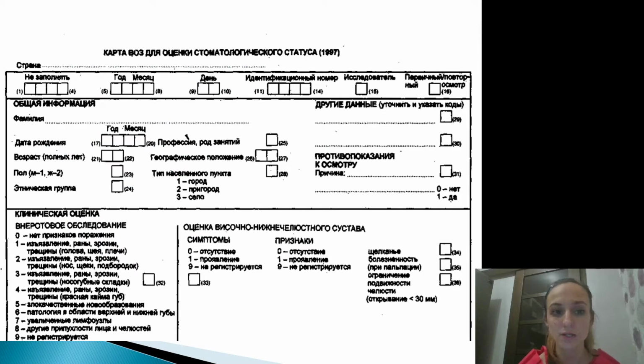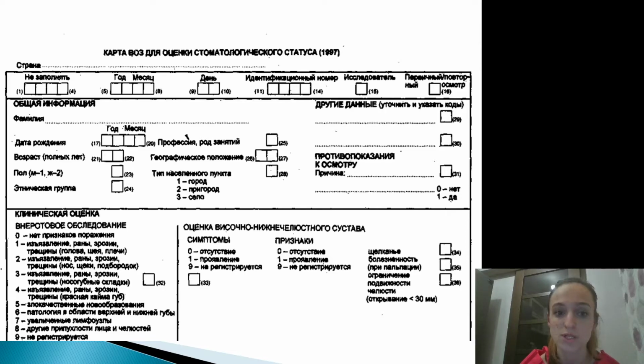It is a card that we use from the World Health Organization. It is all information about the patient, date of birth. Here the doctor should write the name and surname of the patient.